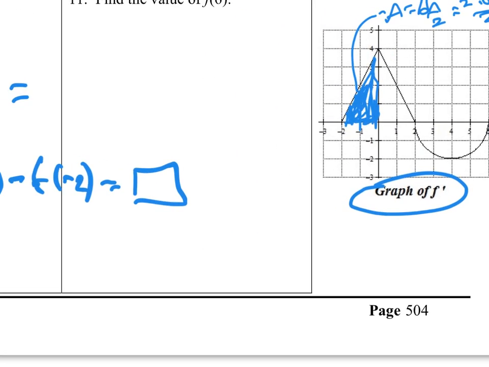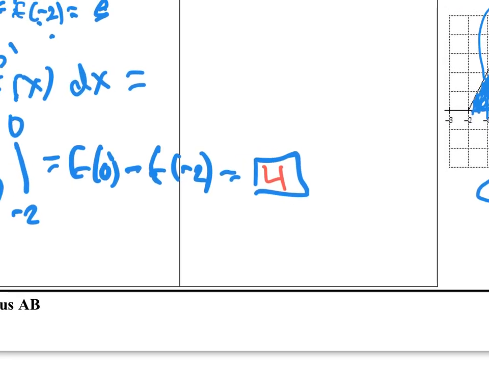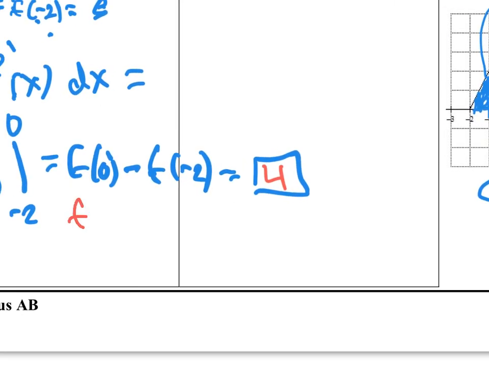So that's what I put right here, 4. So I'm looking for f of 0. He says f of -2 is a 5, equal to 4. So I have to add 5 to both sides. F of 0 must be 9.